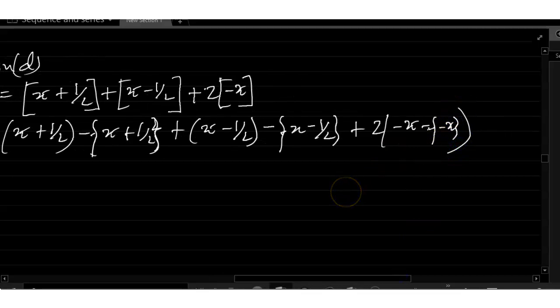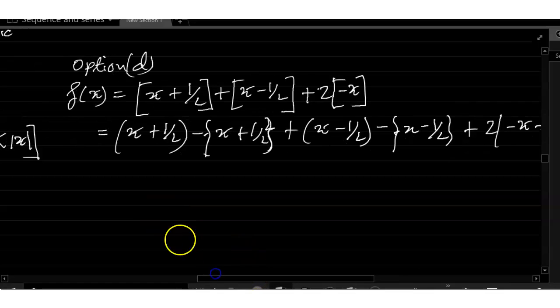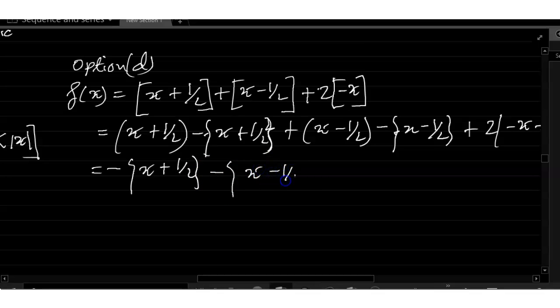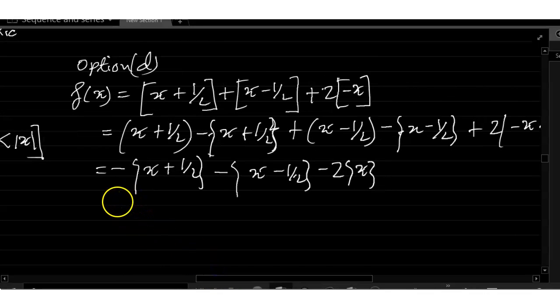This is the total. So after calculation, we get this value is minus x plus half minus x minus half minus 2x. So this is option D. So f(x) is periodic.